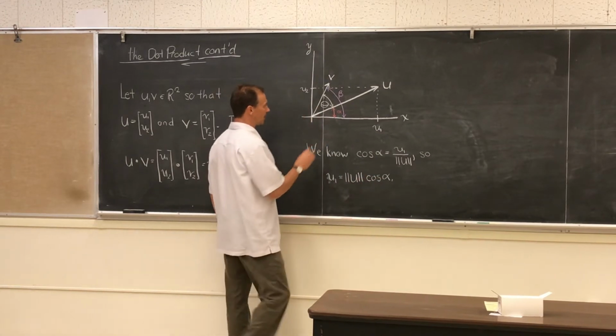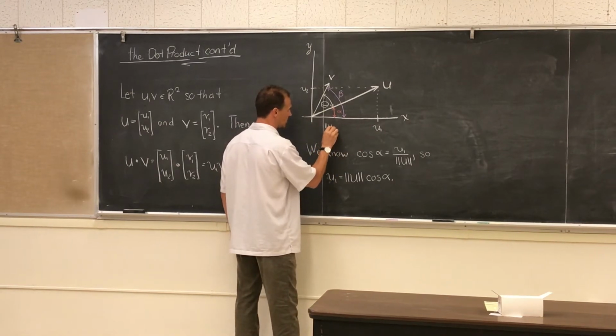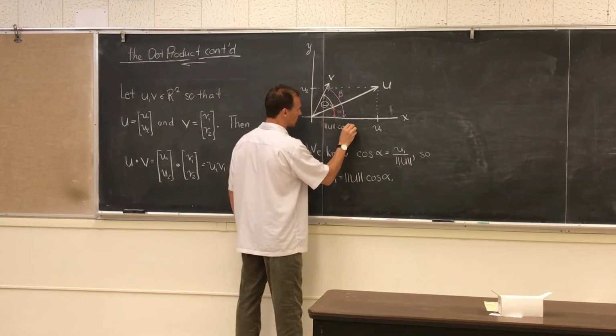Okay, so that's this length right here. It's the length of U times the cosine of alpha.